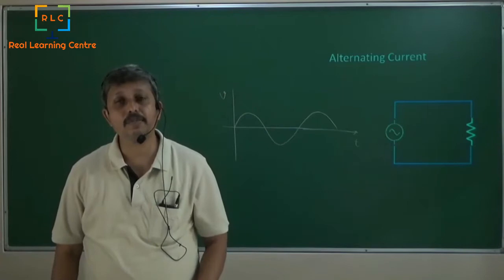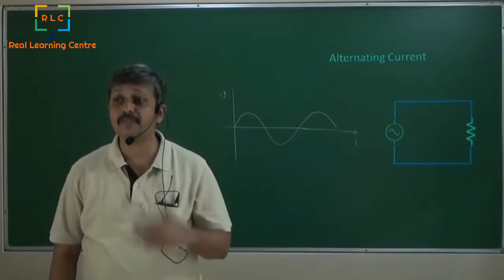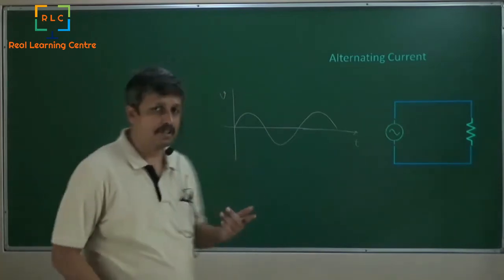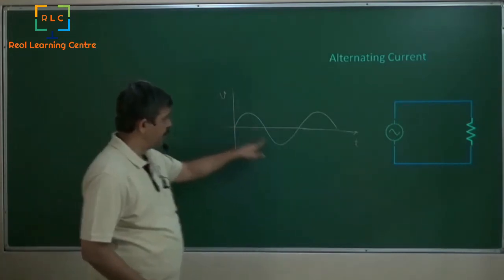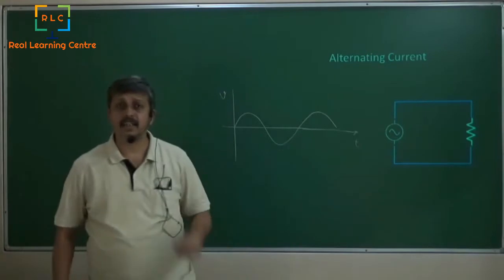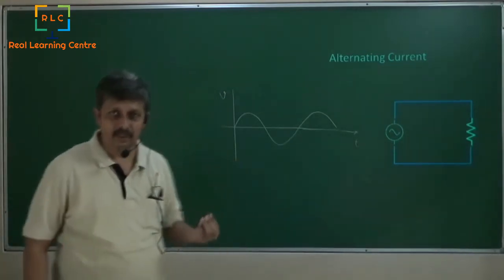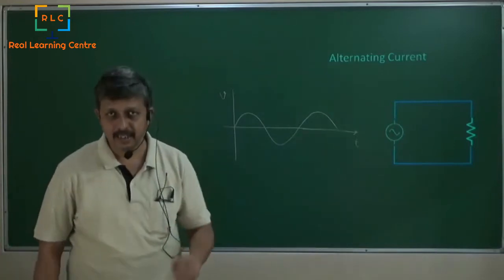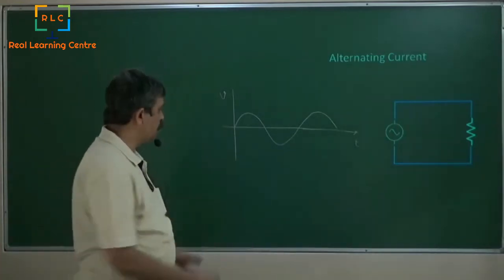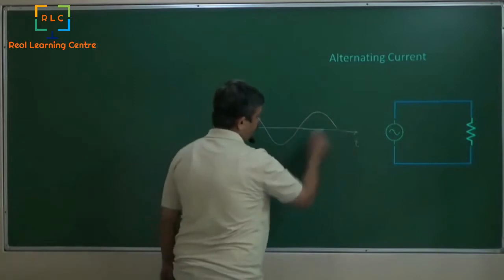So what is the meaning of a sinusoidal function? It means that if you take sine values like sine 0, sine 30, sine 45, sine 90, and plot all those values, they look like this.